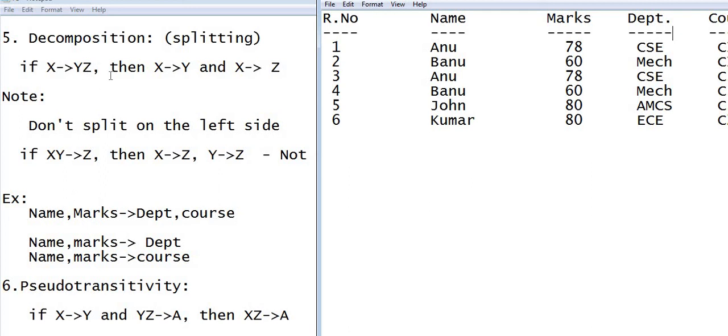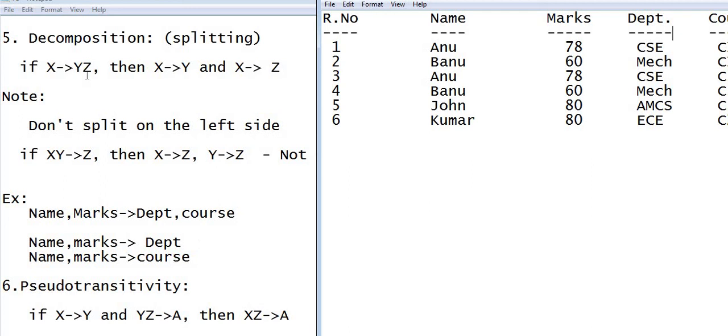Then we can apply the decomposition rule. We can easily say that name comma marks determines department, so Y is department, and name comma marks determines course, so Z is course. So X is name comma marks, Y is department and Z is course.